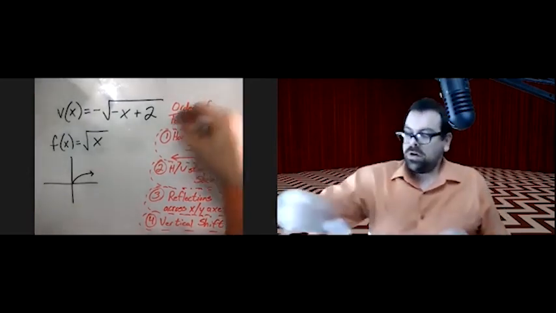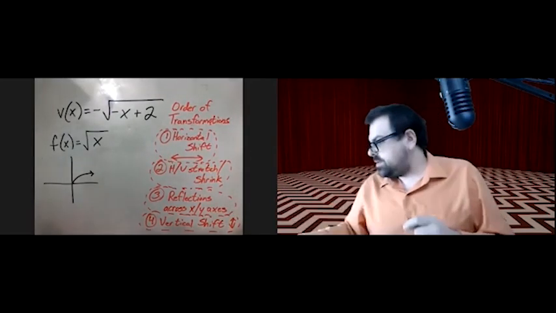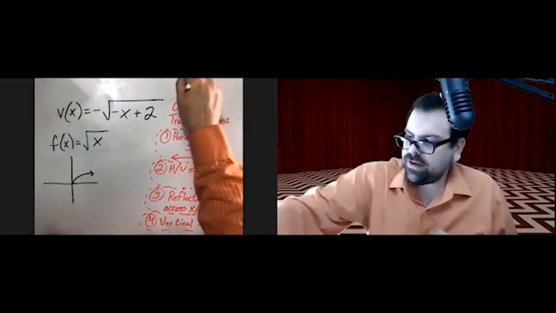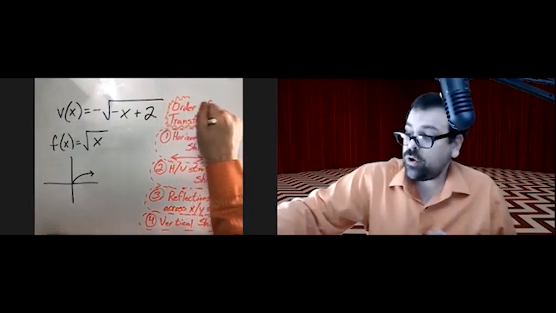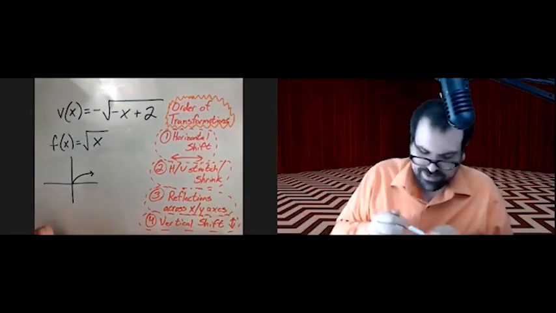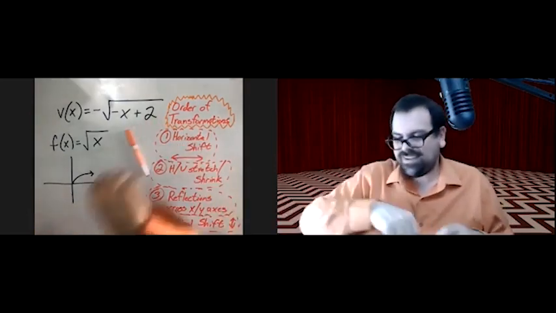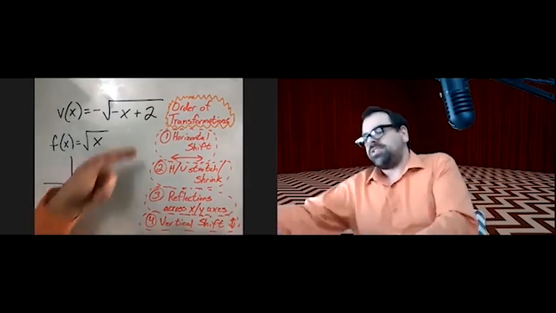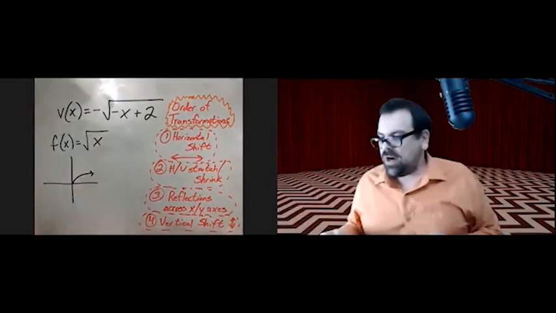So the order of transformations, which you probably didn't even realize was a thing, I, being the teacher, totally knew it was a thing. You'll never know. I did. The order of transformations. Horizontal shift, left, right.